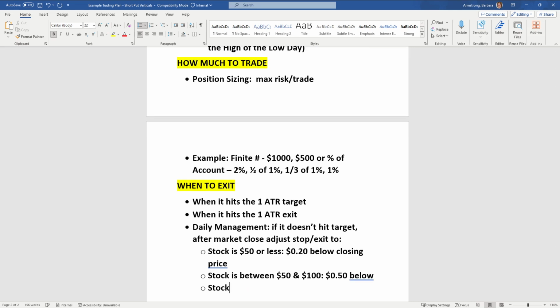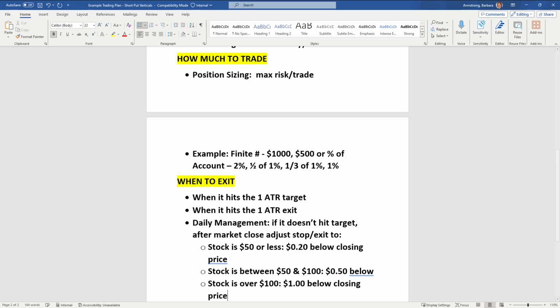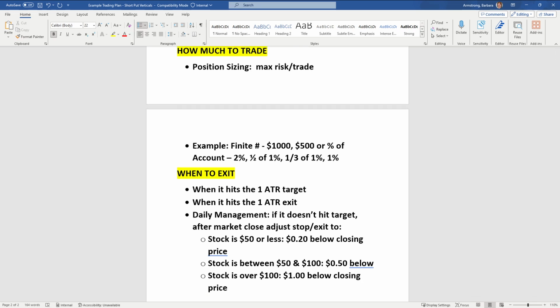And then if the stock is over 100, you might want to make it $1 below. Now today we placed a trade on a stock that was around $500. And so we said, well, we're going to make it $2 below the closing price. These are all closing prices. And so this gives you kind of a framework in which to place the trade.